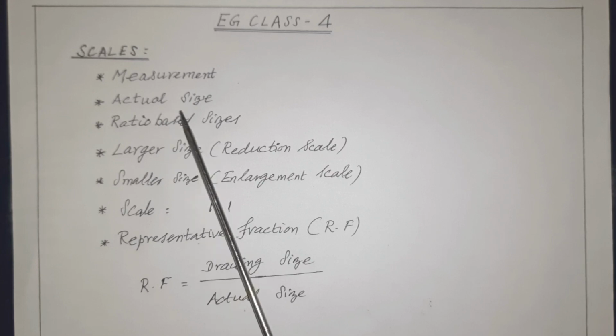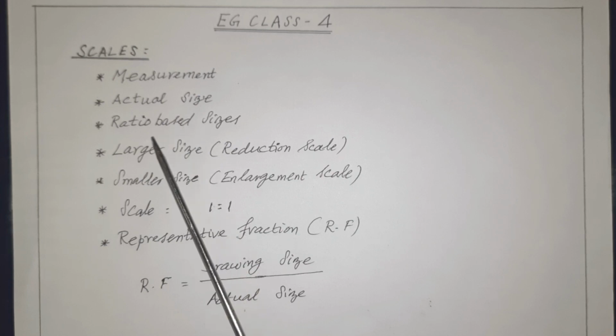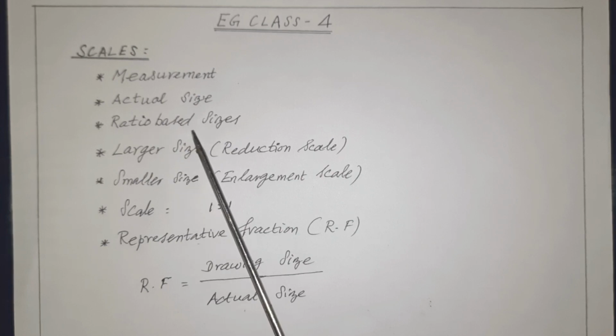But it is not possible in many practical cases. There may be very large and very small objects available in practice, but they should be shown in the drawing. That is the reason why ratio based sizes are used in drawing without disturbing the shape.